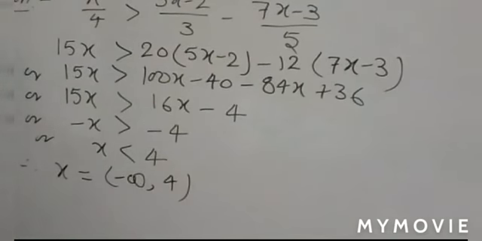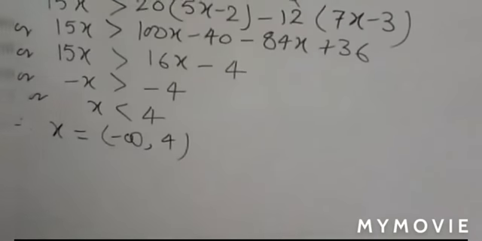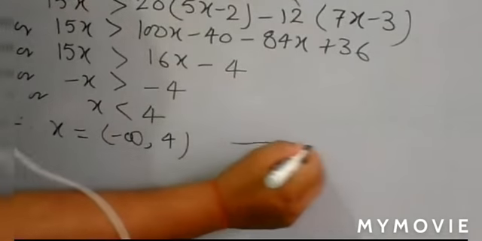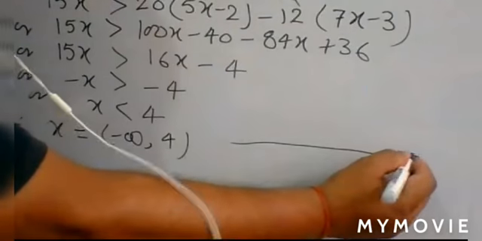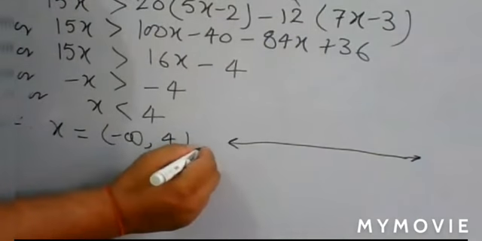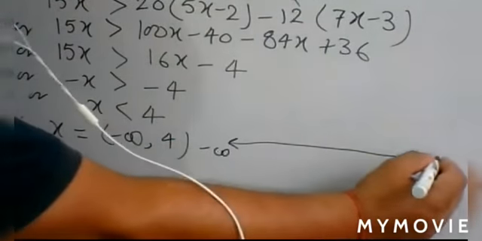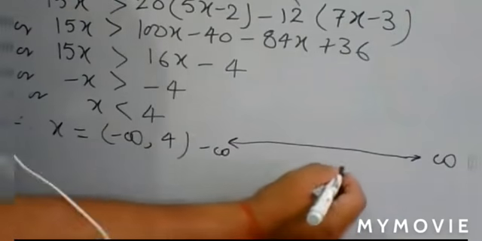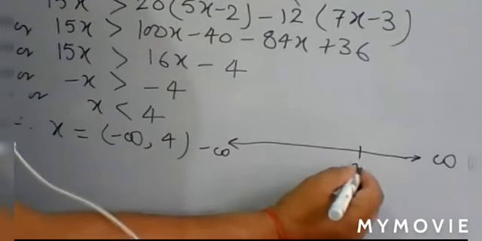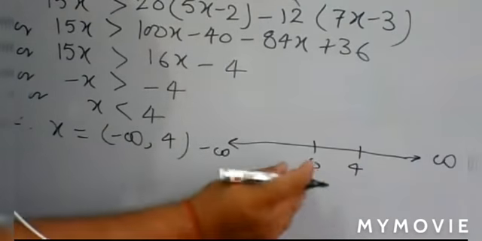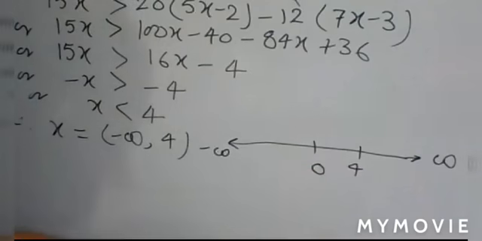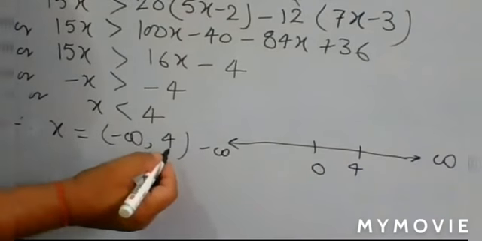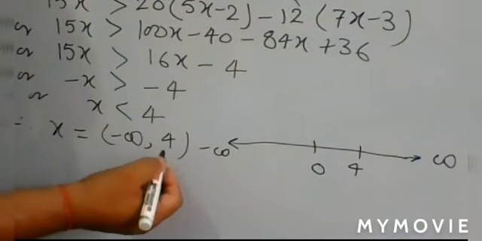And if you mark the same on the number line, then what you do? Here you draw a number line. Here is minus infinity, here you have infinity. Suppose here you have point 4, and you take 0 here. Your solution is less than 4, not equal to 4.